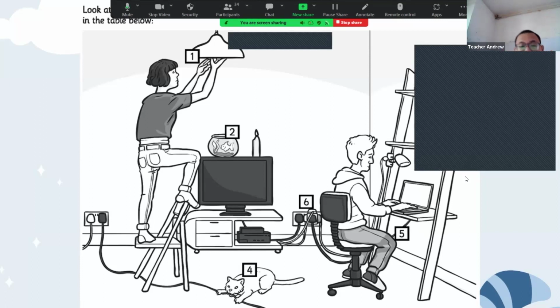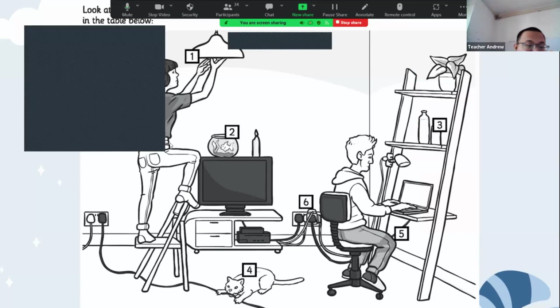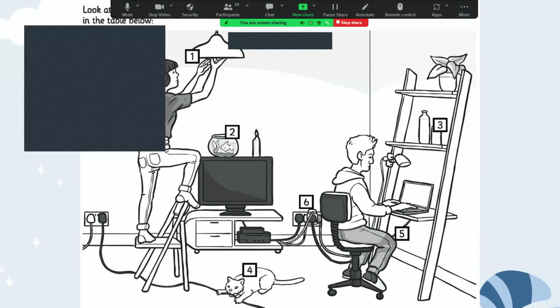So let's have another volunteer for 2, 3, 5, and 6. Yes, Ruby, a very good morning to you. Number 6 is also really dangerous because there are a lot of wires plugged together in one outlet. They may create a spark and make a fire. Sorry, I can't really hear you, Ruby. Can you speak a bit louder? Number 6 is also dangerous because there are a lot of wires plugged together in one outlet.